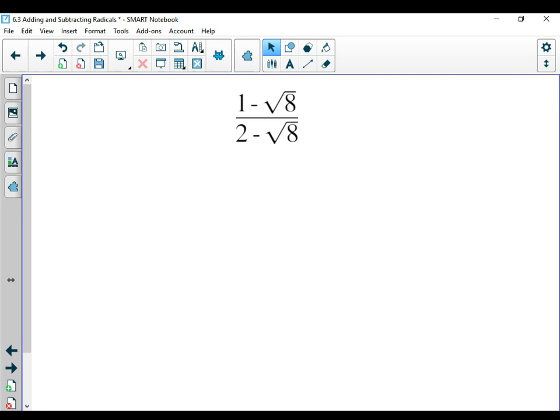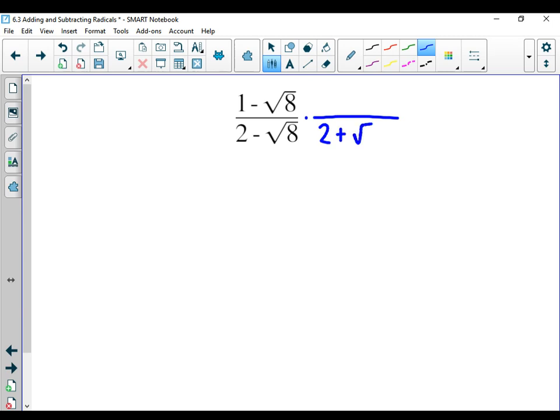All right, so if I multiply by the conjugate, okay, I get 2 plus the square root of 8 minus the square root of 64, which technically I could put 8 already. I'm jumping a step here.